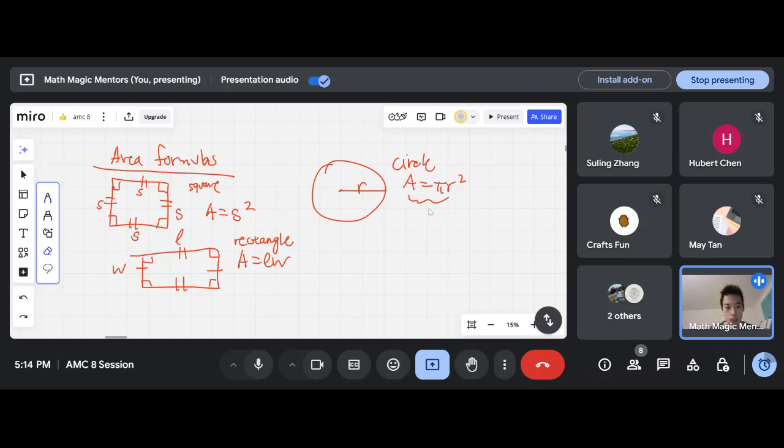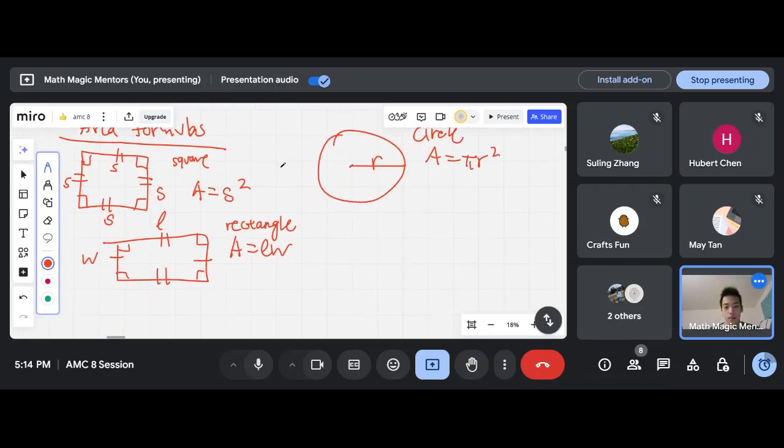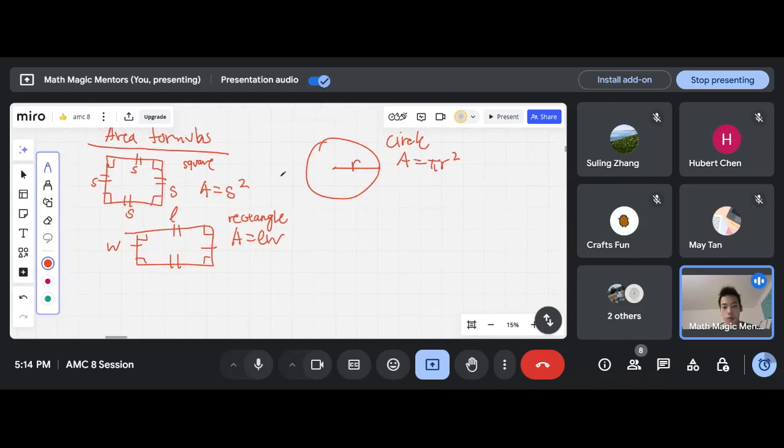The one way that I can think of off the top of my head to do this is through calculus, but obviously you don't need to know that for the AMC. For the simple area formulas, such as that for the square and rectangle, you can search up the proofs, and I encourage you guys to look into them more on your own time. So circle is pi r squared for a radius r.